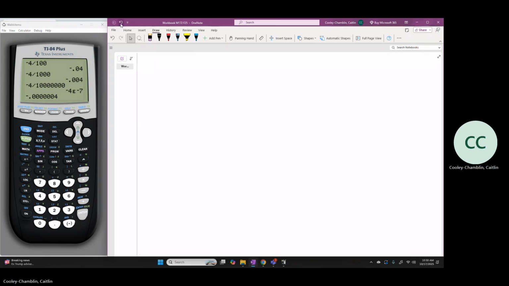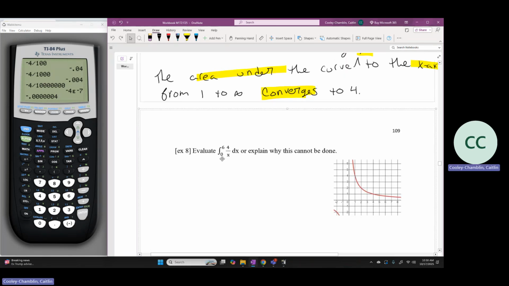We are integrating from 0 to 6. Notice the curve here. So I'm trying to find the area under the curve from 0 to 6, but it's not continuous. At 0, it is not continuous. So we have to use limits.